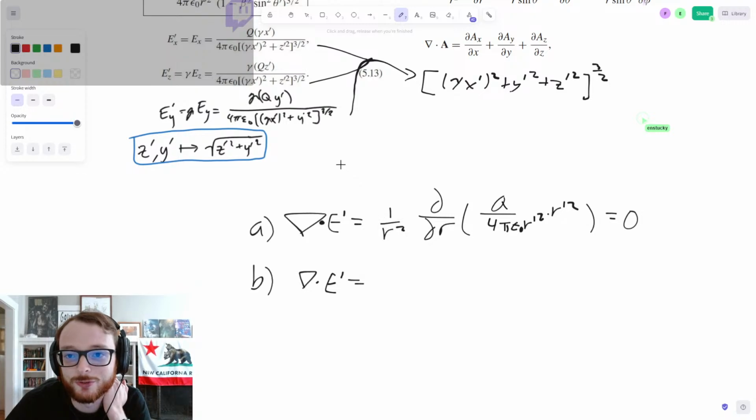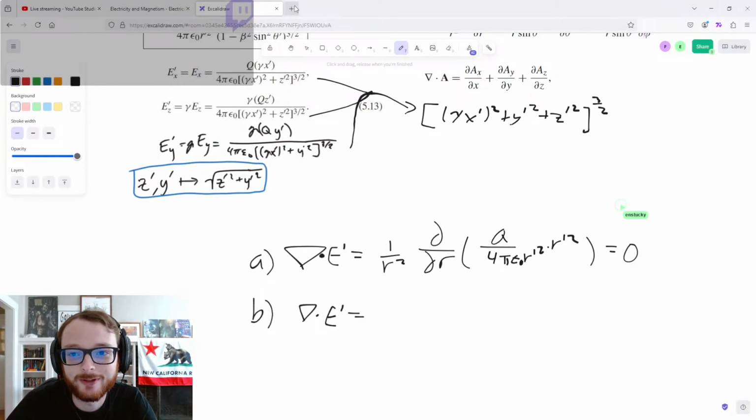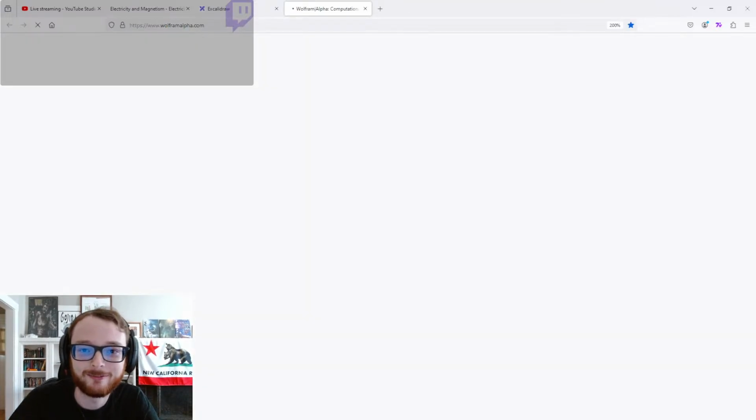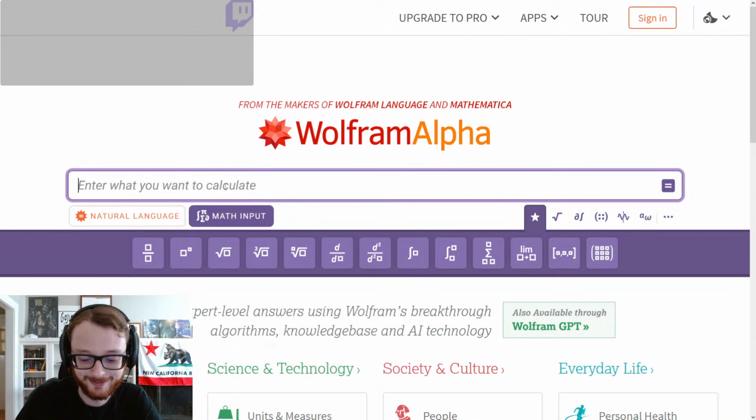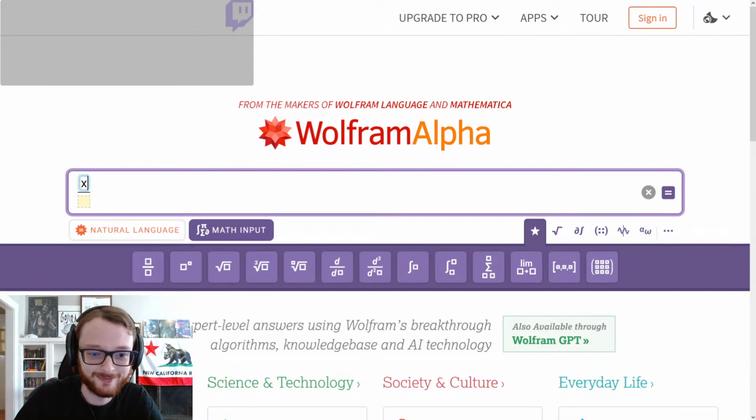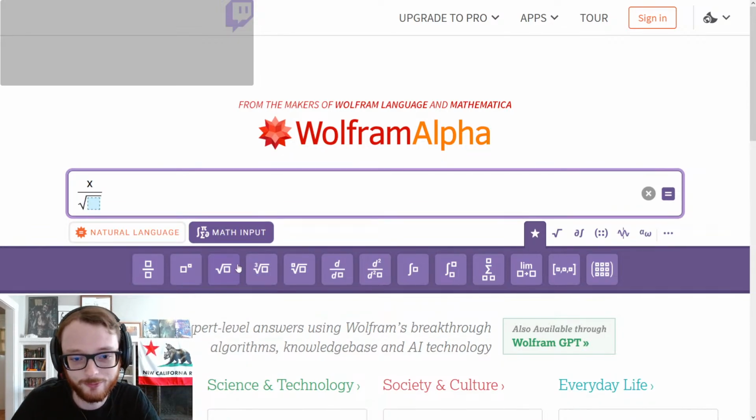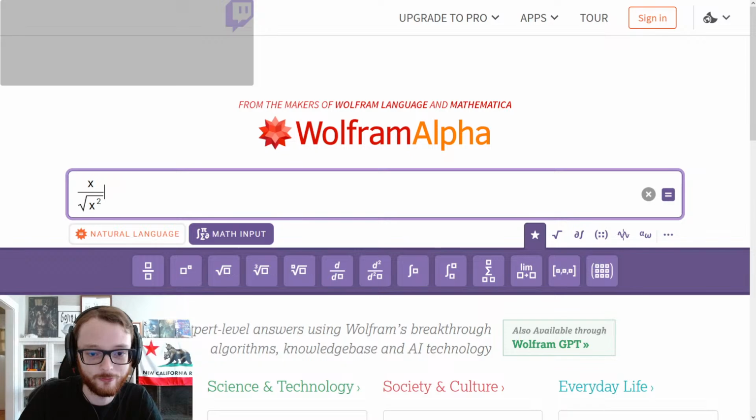Oh wait, it's a quotient rule for CX. Oh no, these are all quotient rules? Yeah. Wolfram Alpha, save me. X over... I mean, I guess we could treat it as root of x squared plus 1, which isn't so bad.